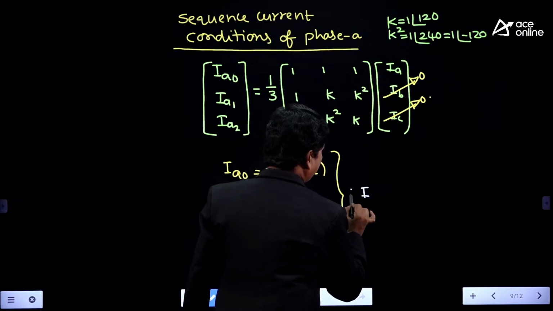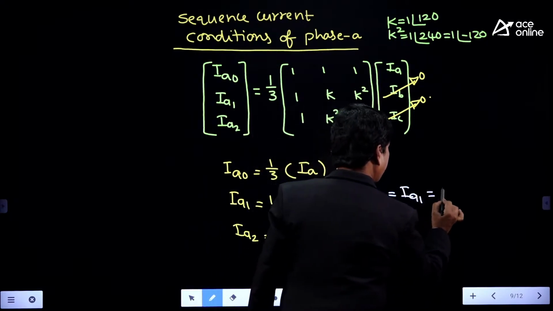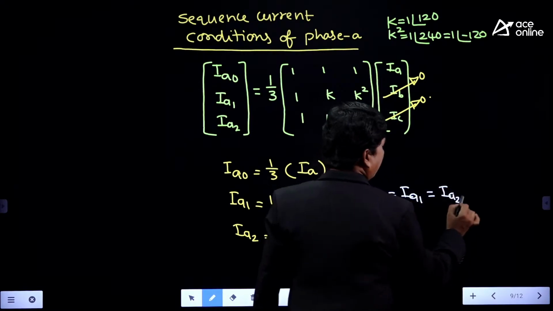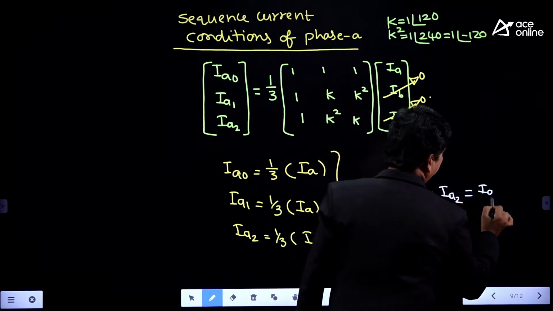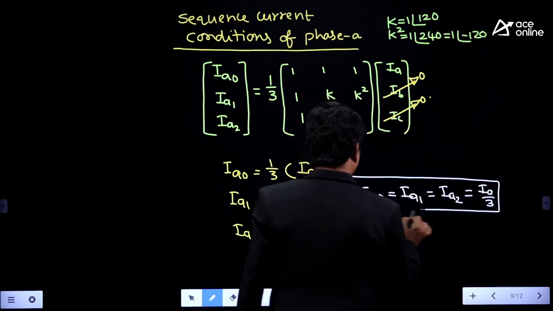Therefore, we can write that IA0, the zero sequence current, the positive sequence current and the negative sequence current, are all equivalent to IA by 3 for line to ground fault.